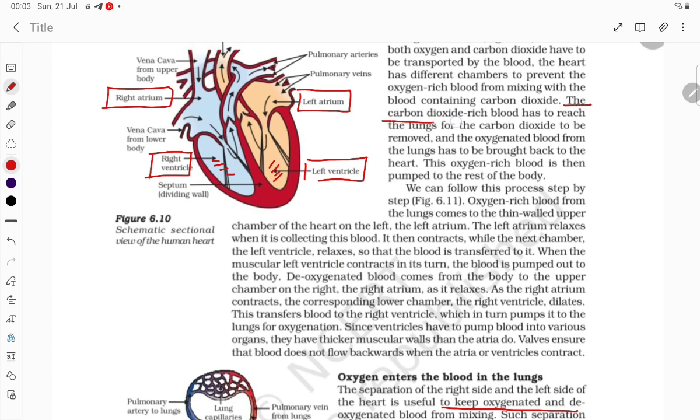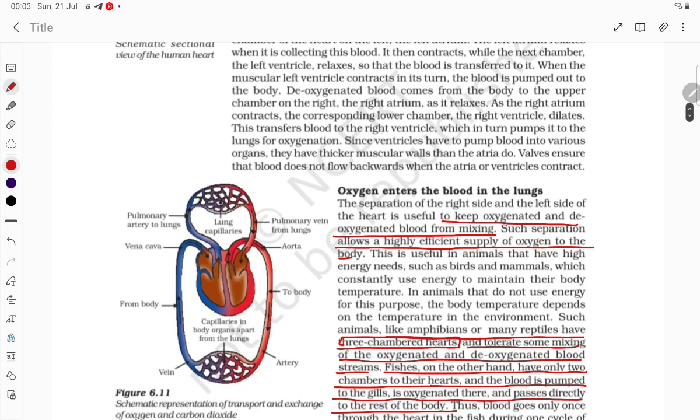The carbon dioxide rich blood has to reach the lungs for the carbon dioxide to be removed. So this carbon dioxide rich blood comes through the vena cava to the right atrium, then the right ventricle. From the ventricle it is transported to the lungs, student.